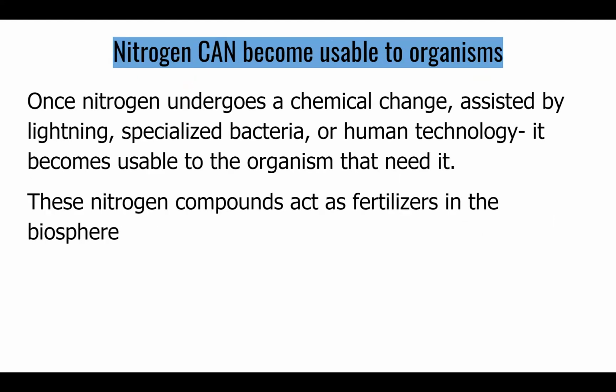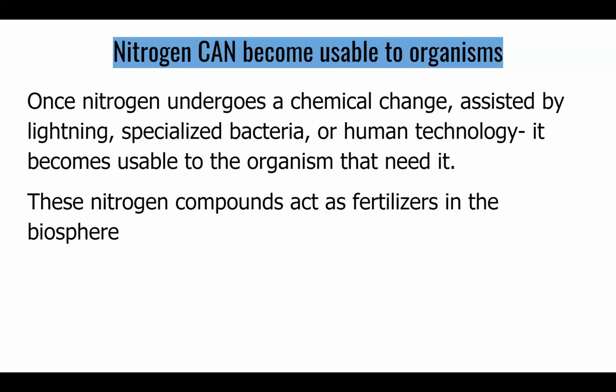So nitrogen can become usable to organisms. It's just a very, very rare process. Nitrogen has to undergo a chemical change. This can happen in three ways.